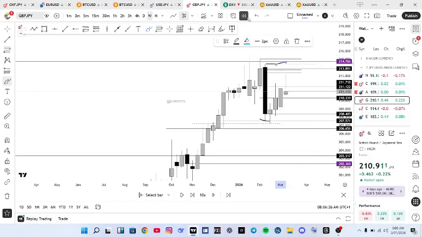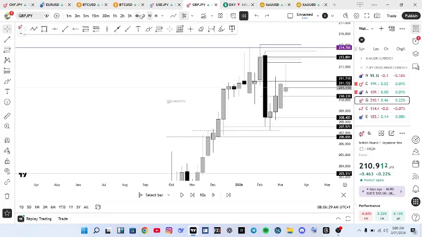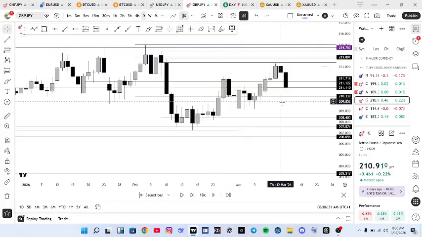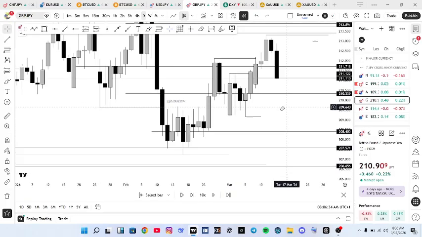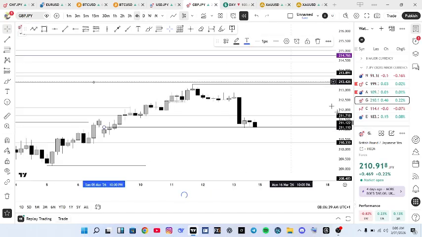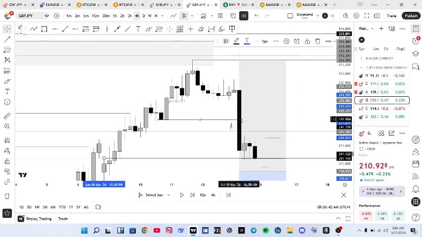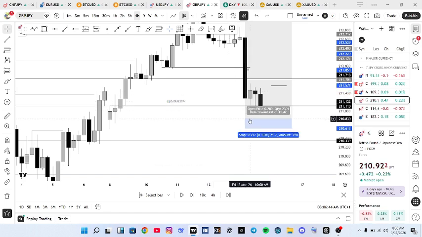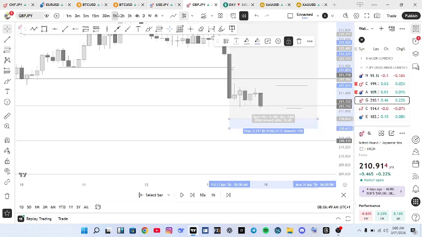Price is bullish. Okay, so let me remove all this, and then after I mark that key level on a weekly time frame, this is the key level here that I marked. I went to 4 hour and I still found it. Yeah, on a 4 hour time frame, I think this was where I took the buy from. Let me see 1 hour.